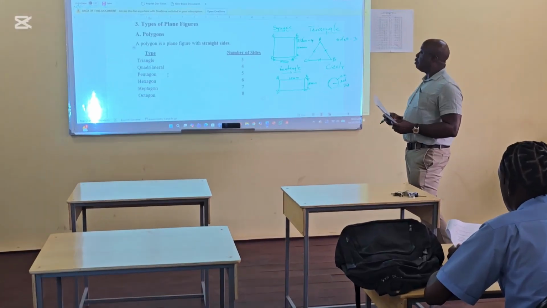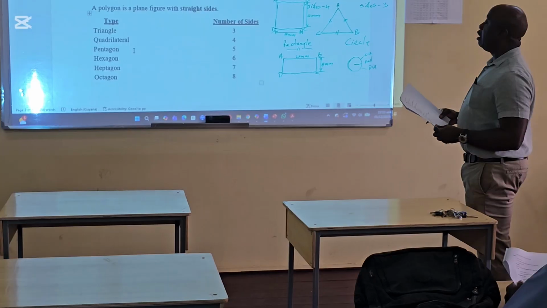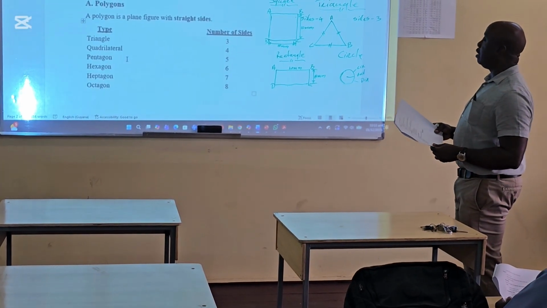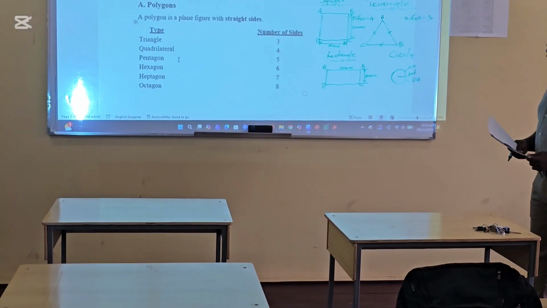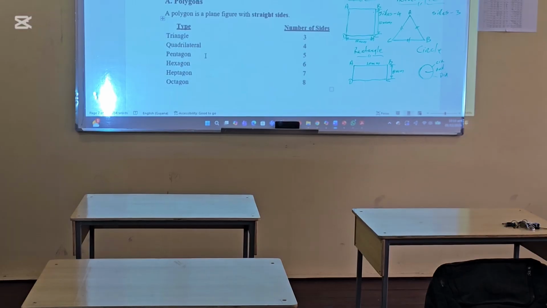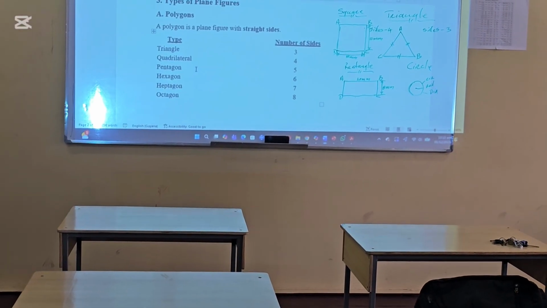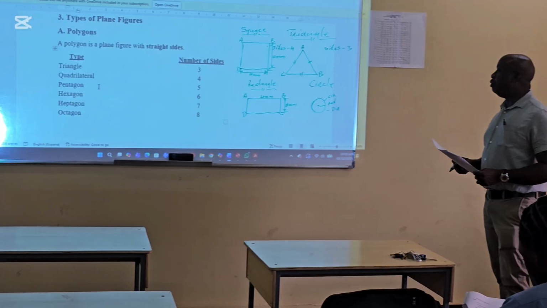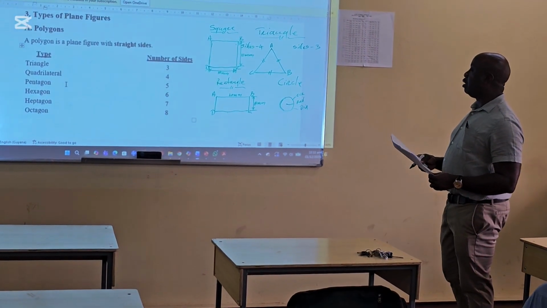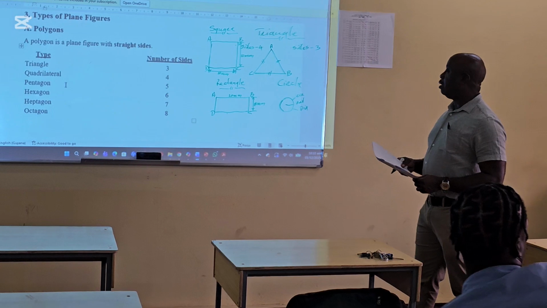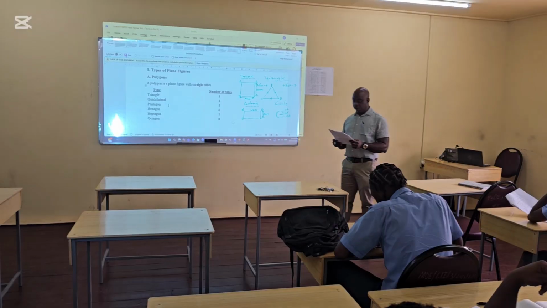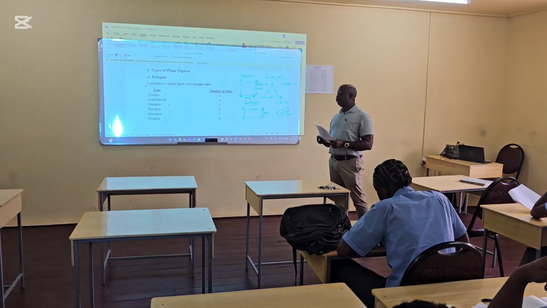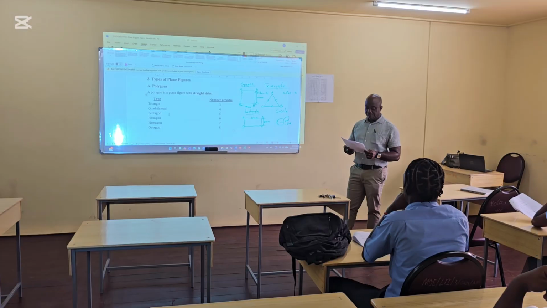The quadrilaterals have 4 sides, and they come in forms such as square and rectangles. Then we have the pentagon, 5 sides. Then we have the hexagon, and so on. But as we said, we will only be looking at mostly 4 or 5 of them.